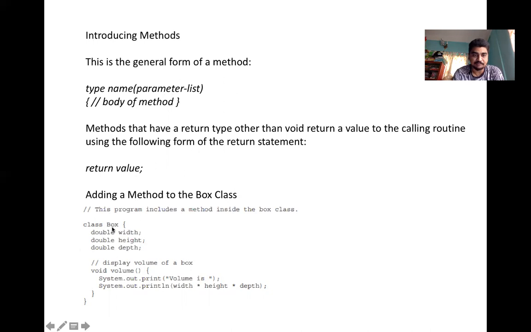Suppose there is a Box class with height, width, depth, and I am adding one method called volume, which will compute the volume of the box. What is the return type? It is void, because I just want to display the volume of the box. For only display, we use void. Then System.out.print volume is, and System.out.println height times width times depth.